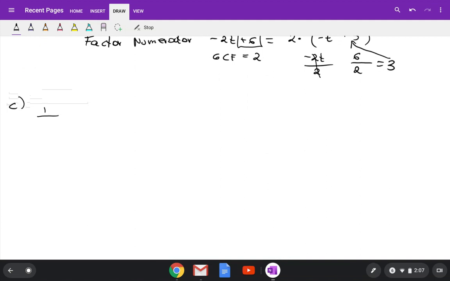1 over x minus 4 plus negative 8 over x squared minus 16. Okay, so step 1, you need to factor each denominator.